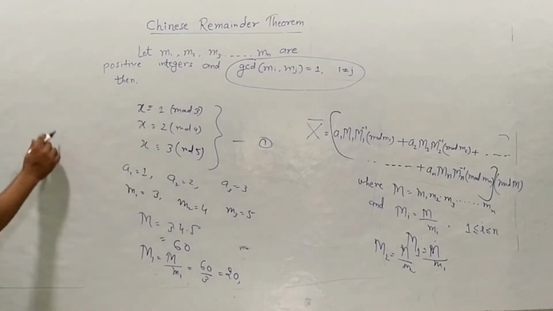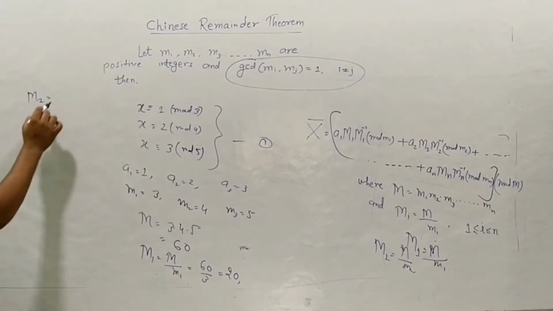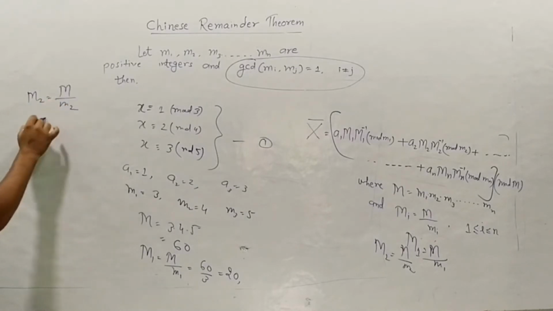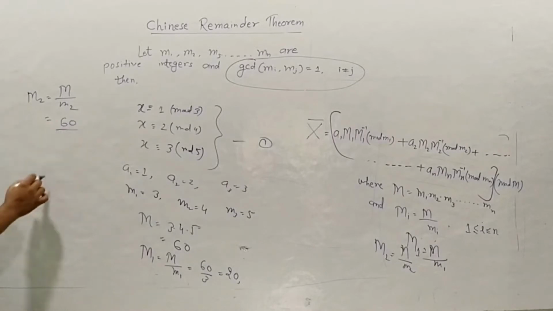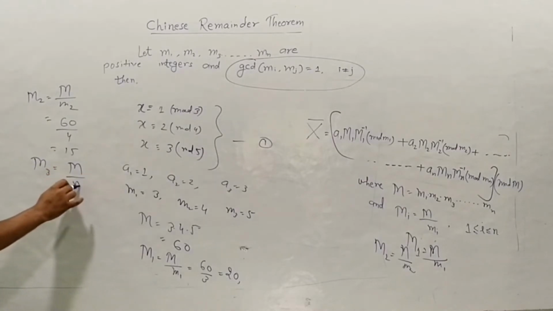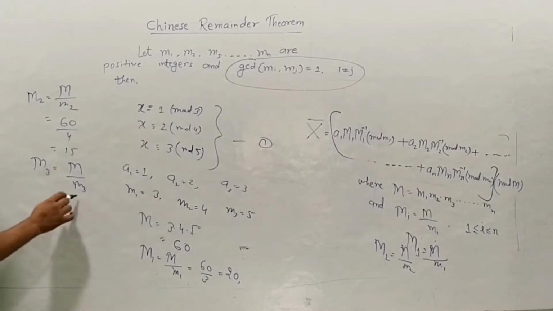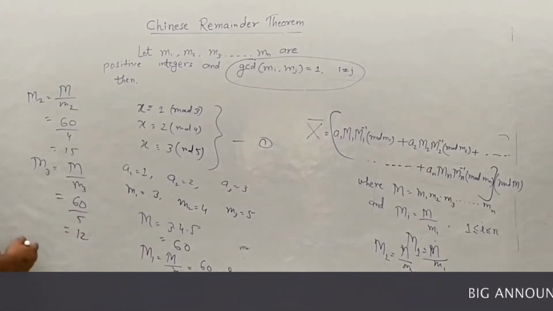What is M2? M upon m2, that is 60 upon 4, that is 15. What is M3? Capital M upon m3, that is 60 upon 5, that is 12.